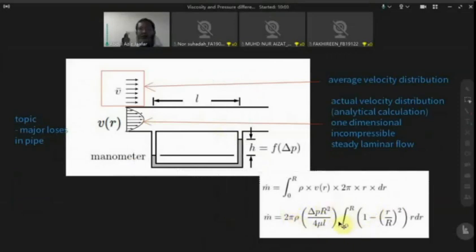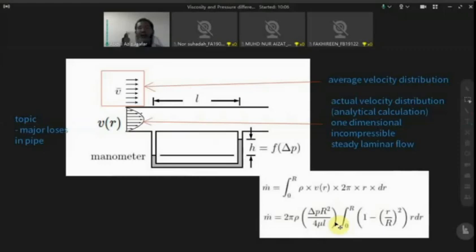If you want to evaluate the mass flow rate based on the small cross-sectional areas that flow through the pipe, we need to integrate the small time rate of mass flow through that cross section with the limit from r equal to 0, at the center line of the pipe, up to the radius of the pipe, which is R.